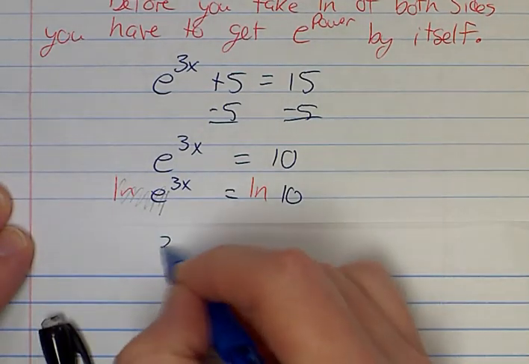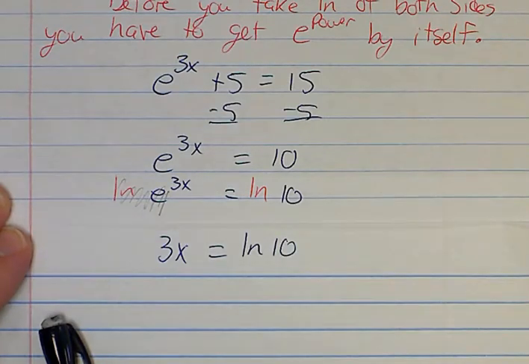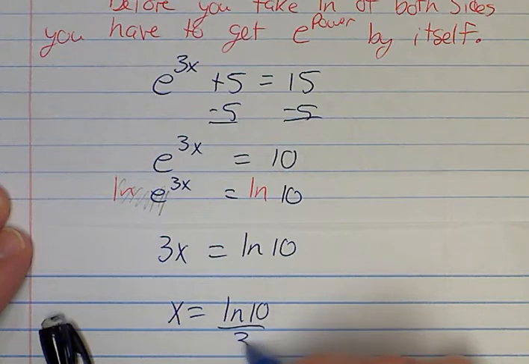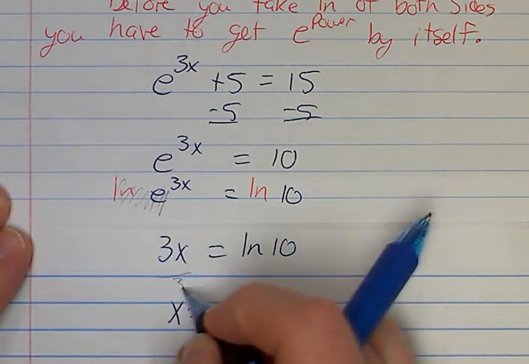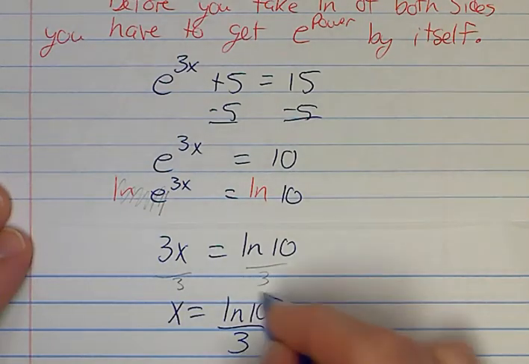So that leaves you with 3x equals ln of 10. And again, because it's 3 times x, to get the x by itself, go back and divide both sides by 3. And when you do that, of course, the 3's cancel and leaves you with that. So that would be your exact answer.